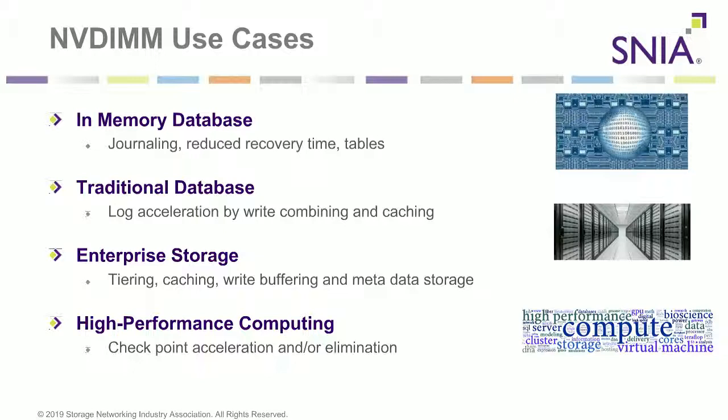NVDIMMs would be a perfect place for you to do those, because if you are going to lose one of those checkpoints, or if you don't achieve a checkpoint at the specified time, there is going to be a huge penalty on your computing time in the high-performance computing environments.